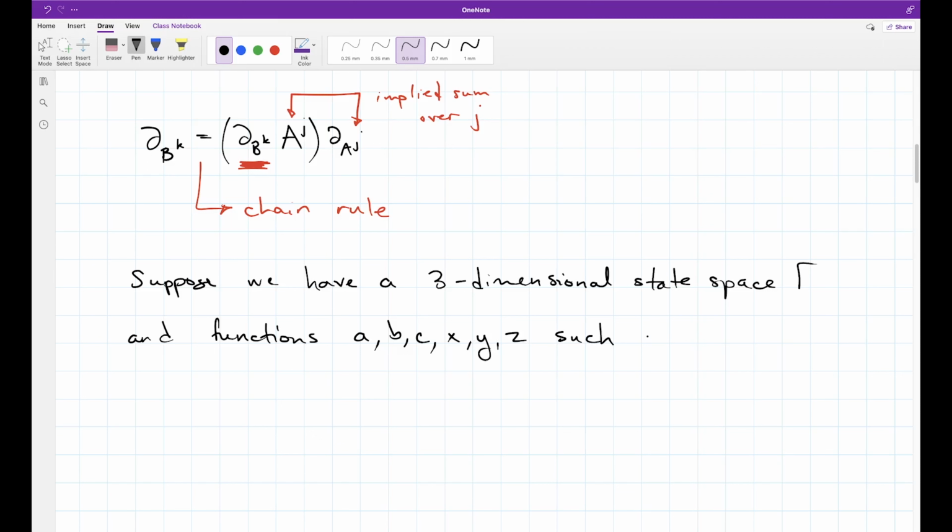Such that any choice of three functions forms a good coordinate system.